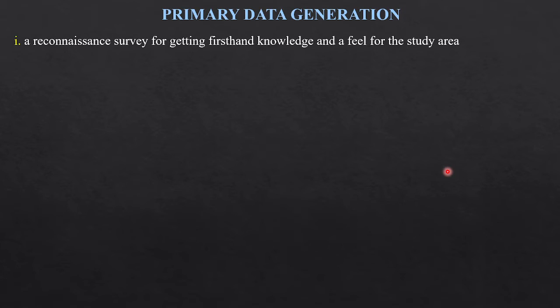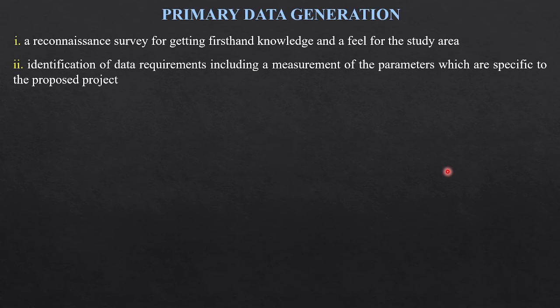For primary data collection, first we have to get some first-hand knowledge by a reconnaissance survey of the study area, and based on this survey, identification of data requirements, including the measurements of the parameters which are specific to the projects.